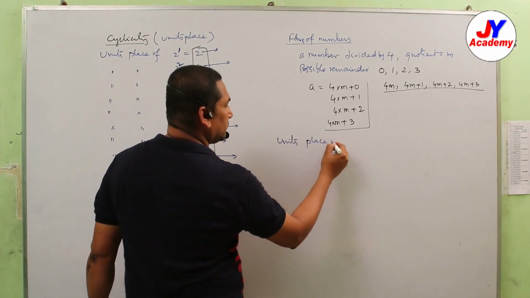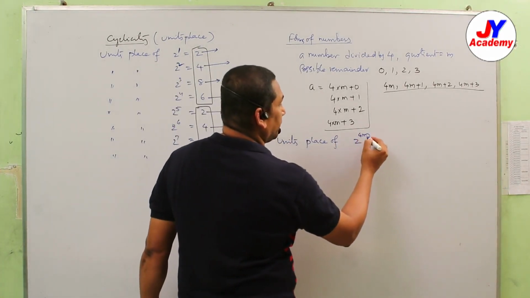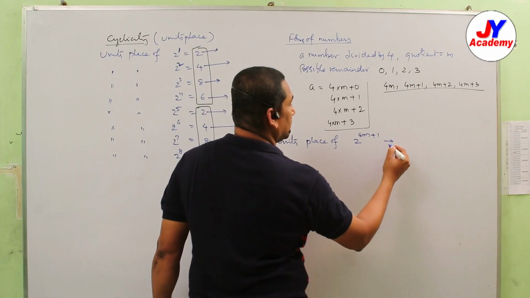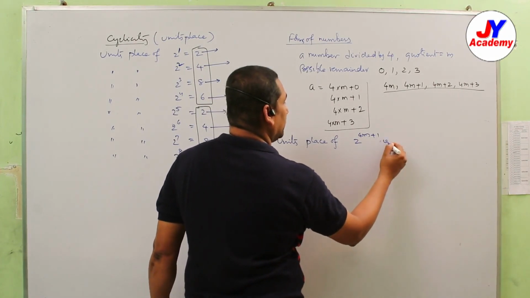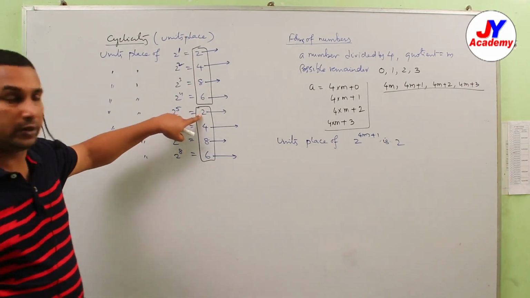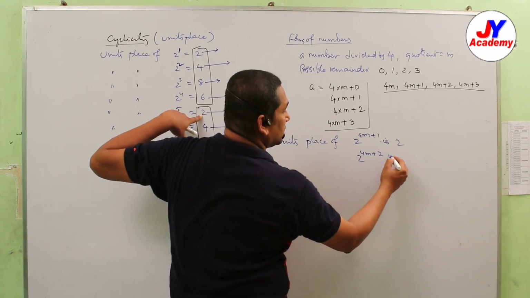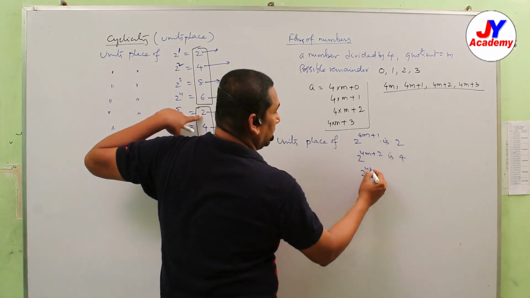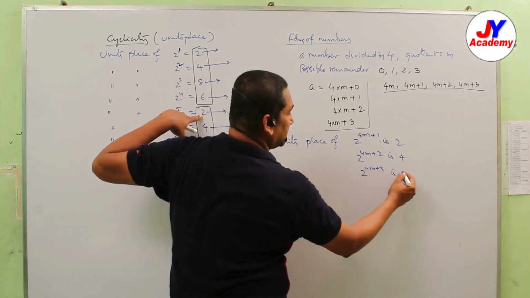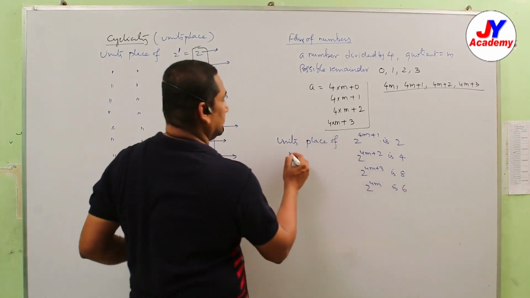For 2 to the power of 4m plus 1, if the remainder is 1, the units place is 2. The same way, if remainder is 2, its units place is 4. If remainder is 3, its units place is 8. If remainder is 0, its units place is 6.